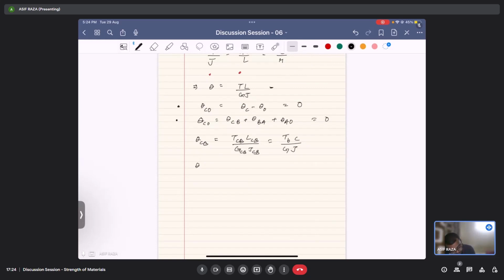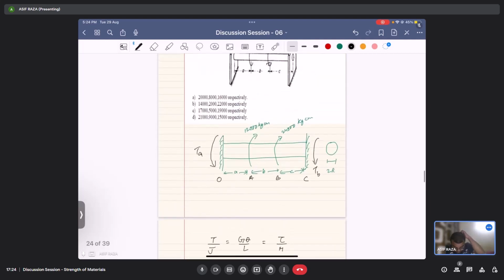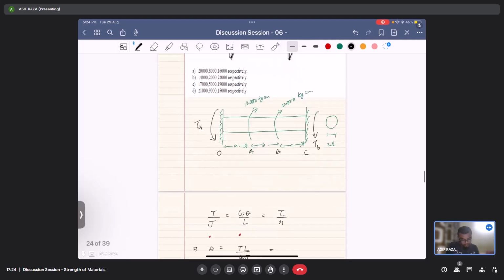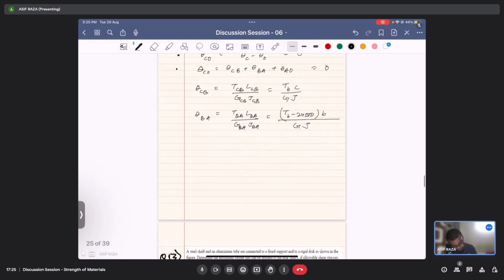Similarly, for theta BA, it would be equal to TBA LBA upon GBA JBA, and this would be equal to TB minus 24,000 times length B upon GJ, and similarly theta AO is TAO LAO upon GAO JAO.